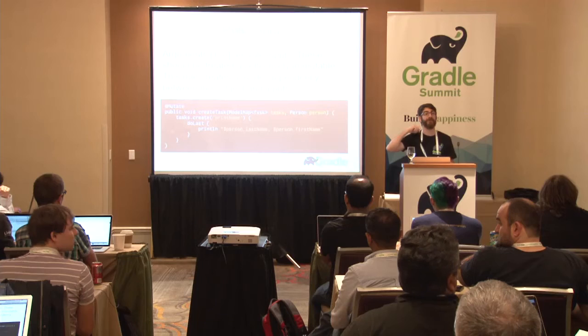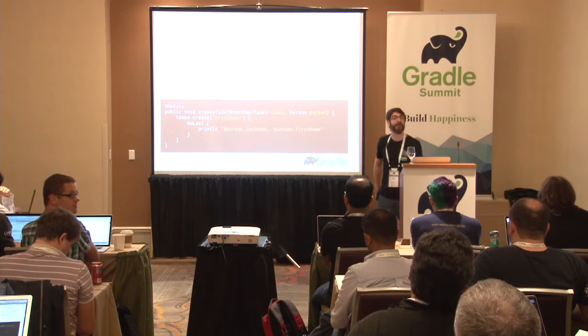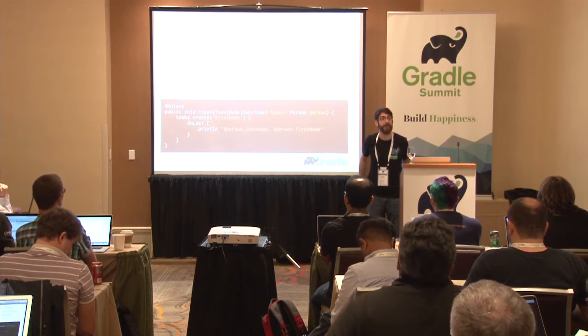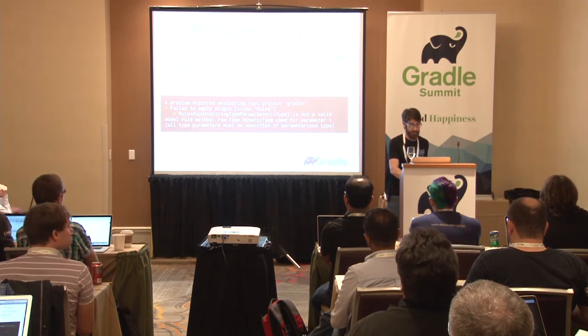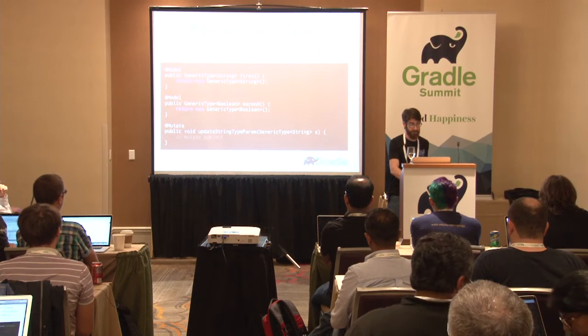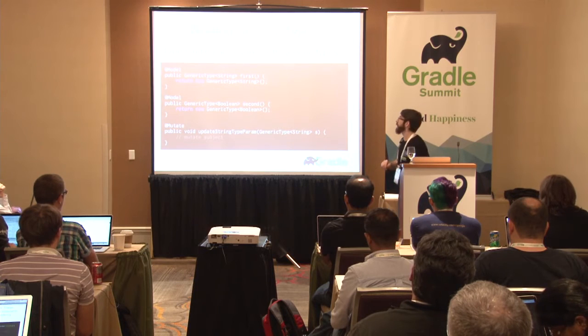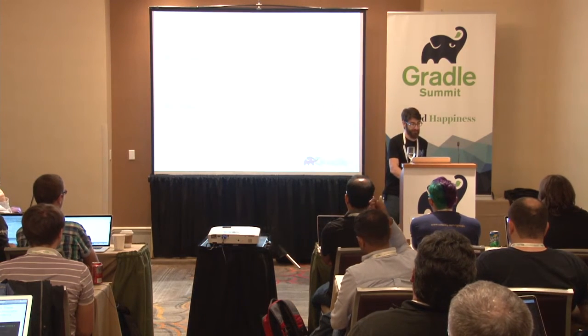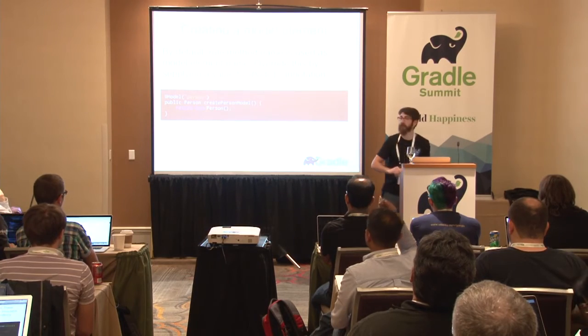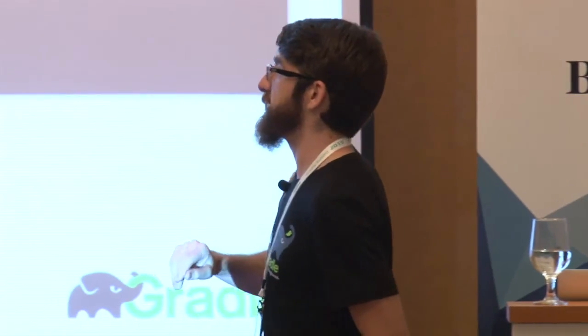Yep. You got a question? When you declare the creation of person, like the reference binding in the previous slide, do you then decorate that person object with Gradle internal objects, or do you purely have the person object? So the question was, let's go back to the very first one: do we decorate this person object with any of the Gradle internals, kind of like we do task extensions and stuff like that?